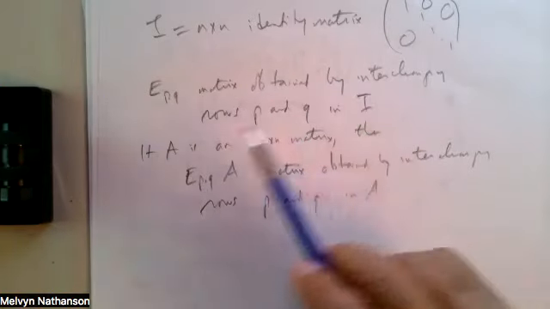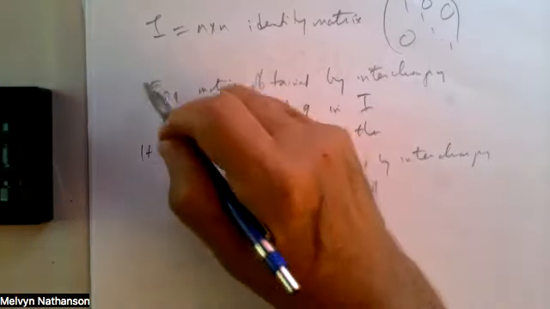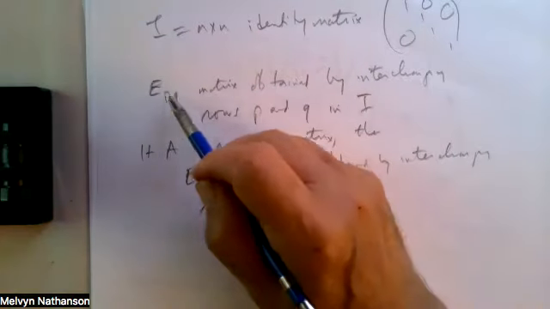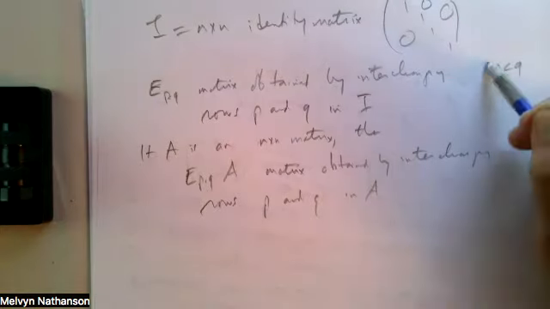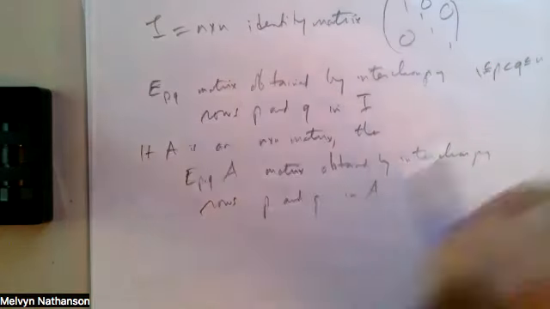Yes. So I'm defining a matrix EPQ. P and Q are integers between 1 and n, different integers.